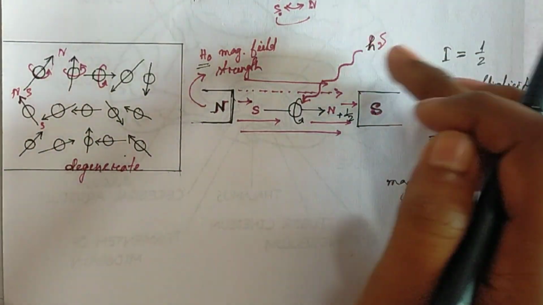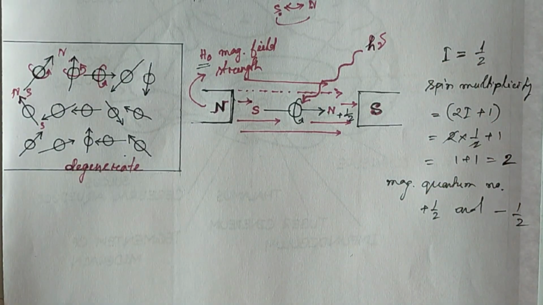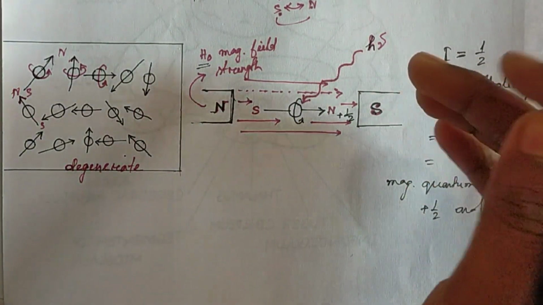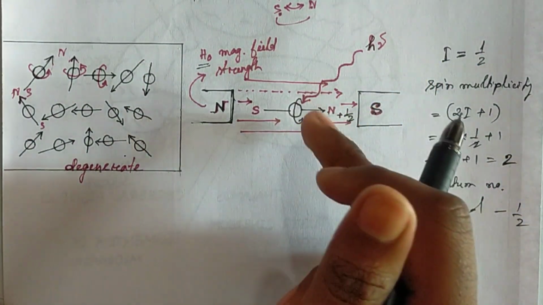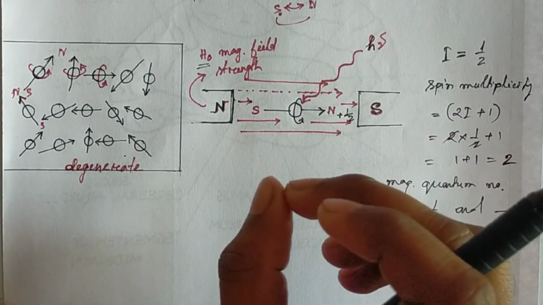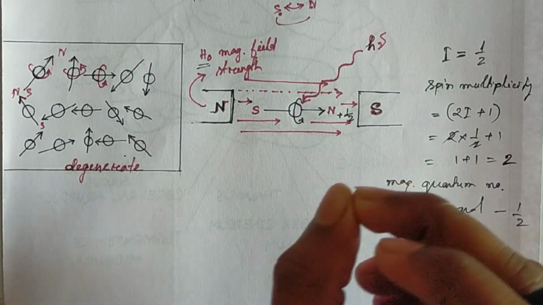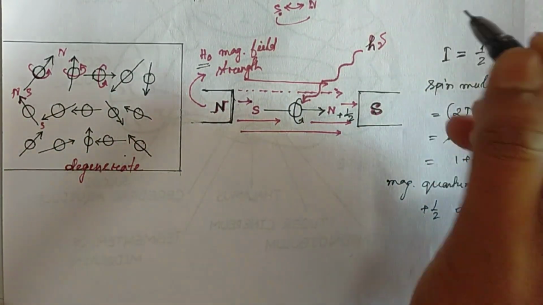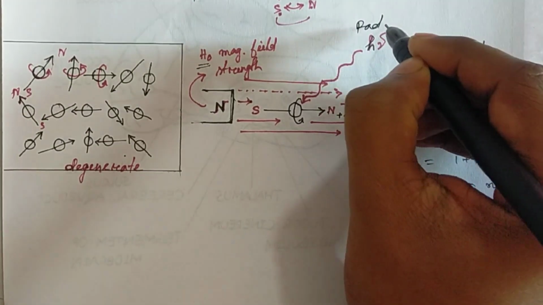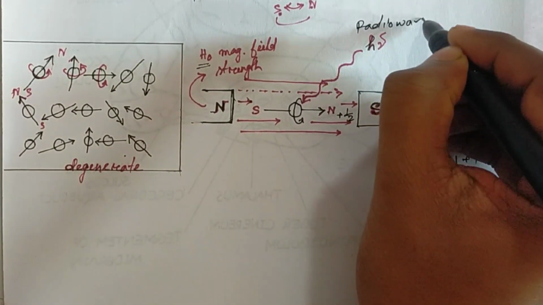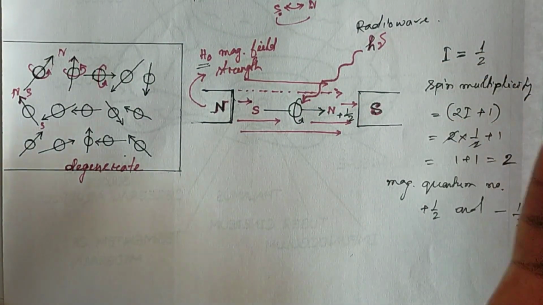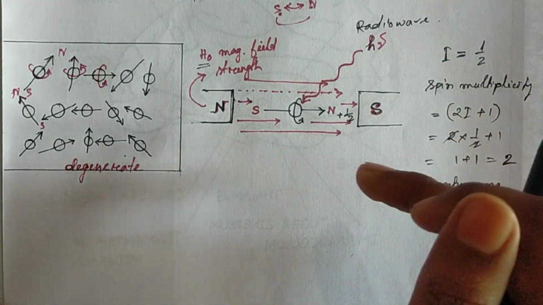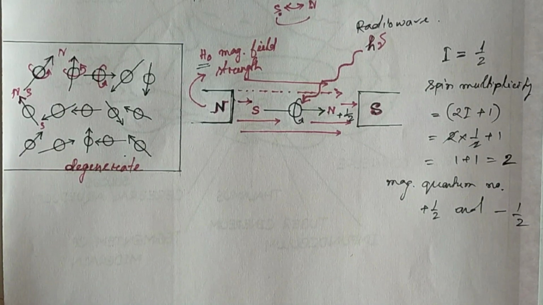h nu is the energy of the electromagnetic wave, and for NMR to change the orientation of this nucleus, we need only a radio wave. A radio wave is sufficient to change the orientation of the nucleus.